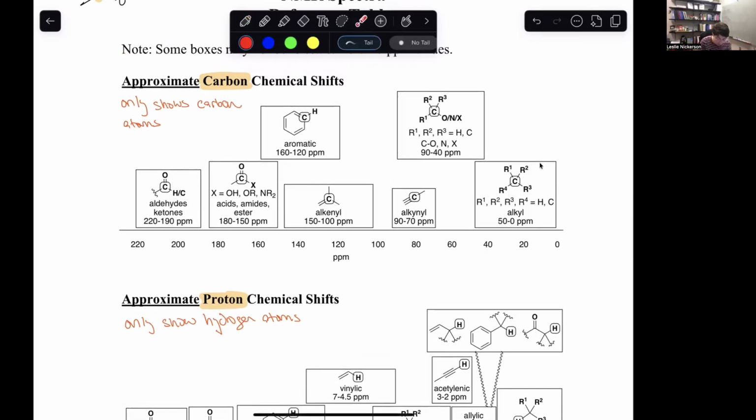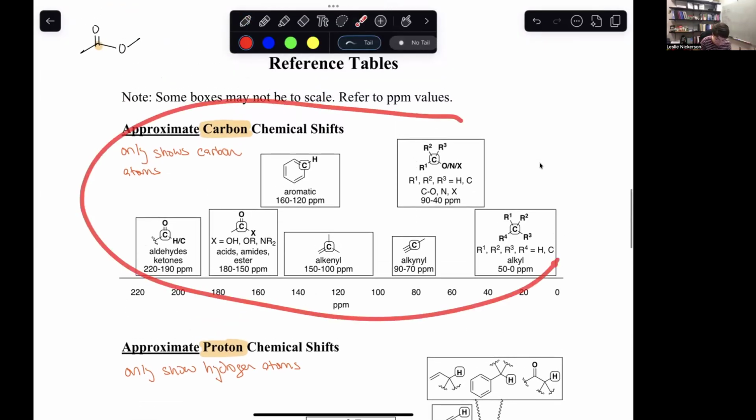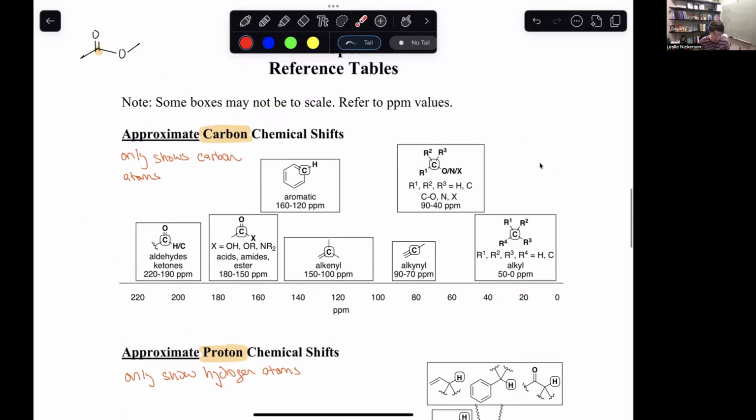So when we're working on carbon chemical shifts, you can see what I'm talking about with the electron shield. If I don't have any electronegative atoms nearby, so nothing withdrawing electron density towards it, I'm at a pretty small chemical shift, right? I'm at the 0 to 50 ppm. This is all of our alkyl type stuff.